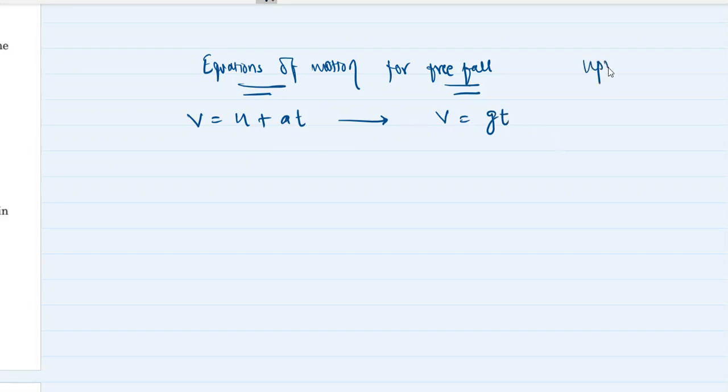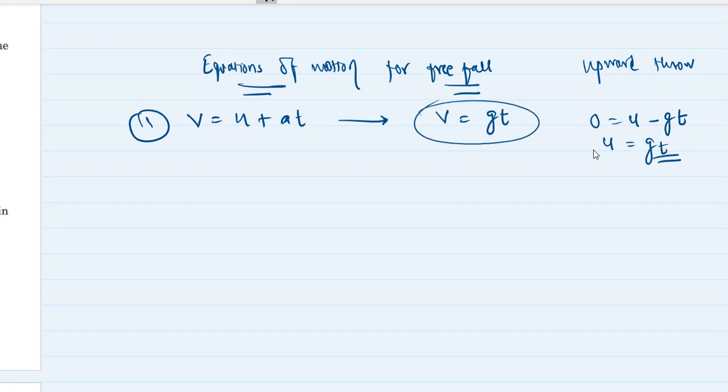For upward throw, final velocity will be 0. So 0 = u − gt, or we get u = gt for upward throw. The first equation for free fall is this, and for upward throw is this.